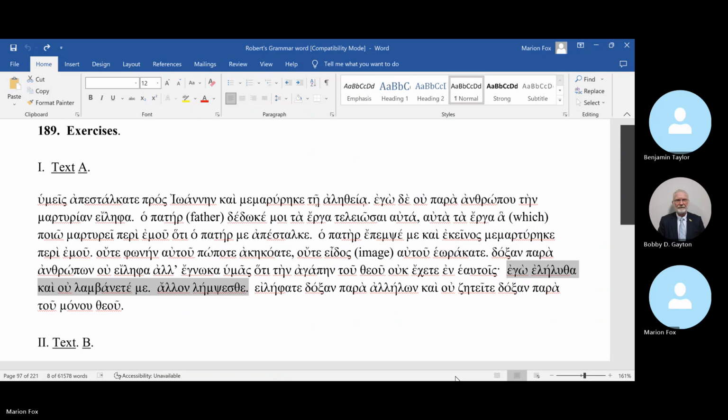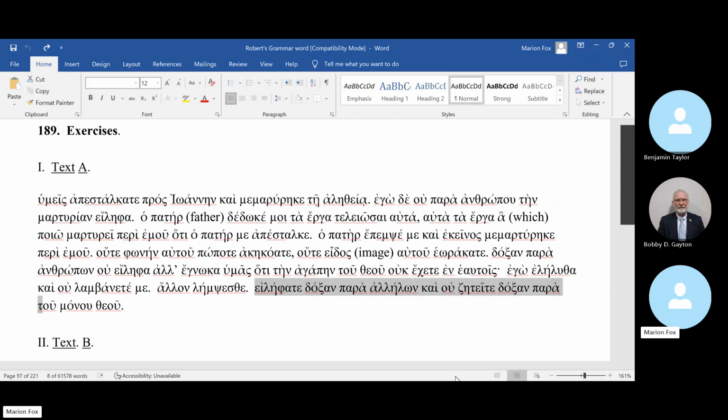You all shall receive another. Okay, you'll receive another. You receive someone different. All right. So they didn't receive him, they received someone else.